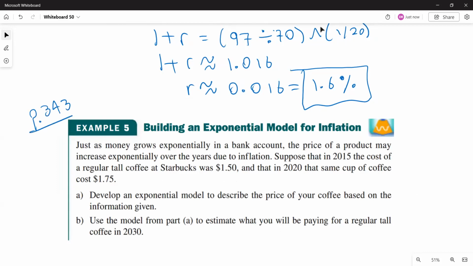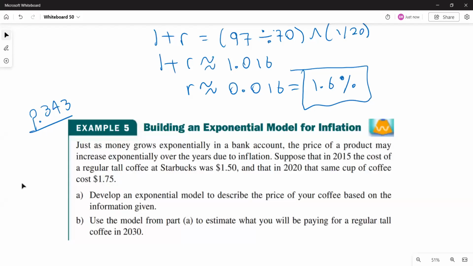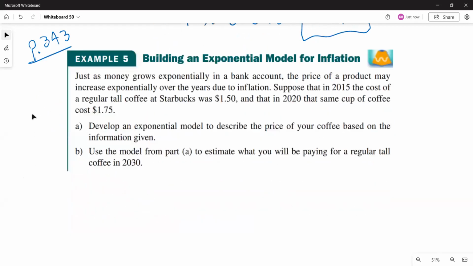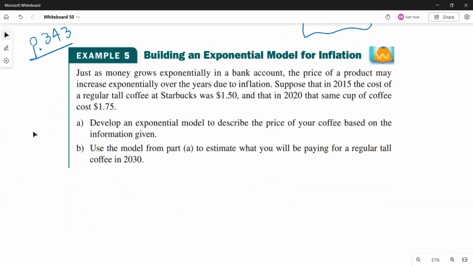So just as money grows exponentially in a bank account, the price of a product may increase exponentially over the years due to inflation. Suppose that in 2015, the cost of a regular tall coffee at Starbucks was $1.50, and that in 2020, the same cup of coffee cost $1.75.